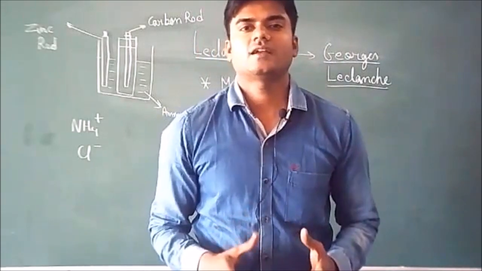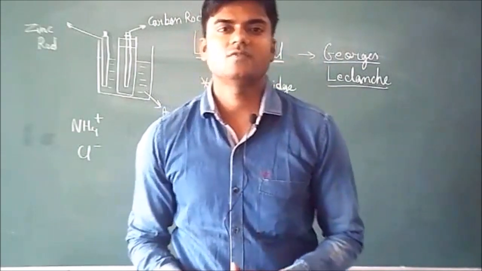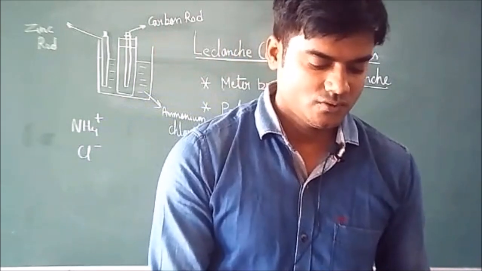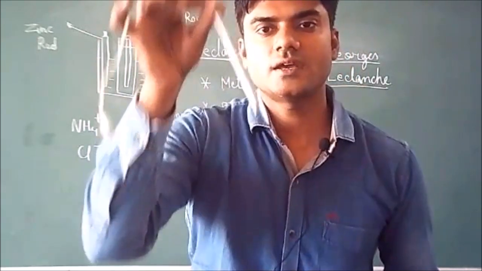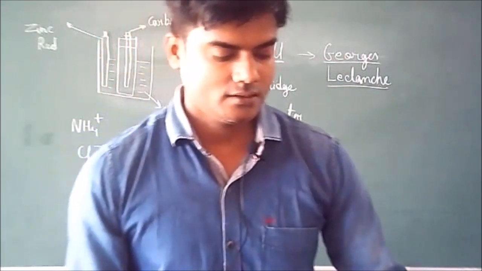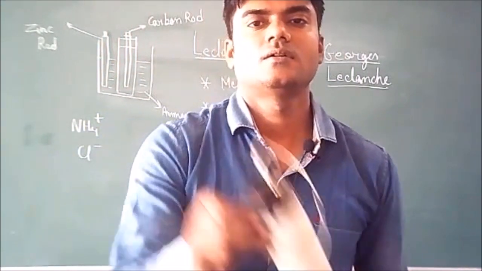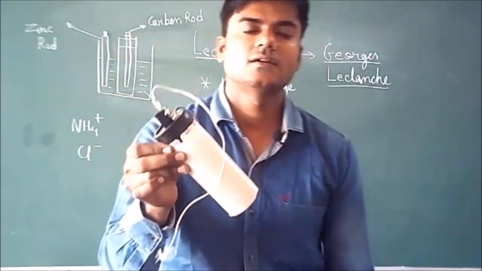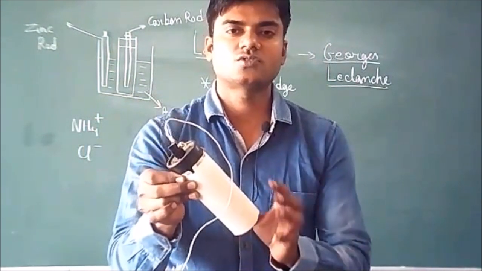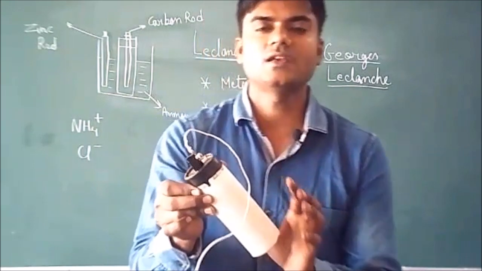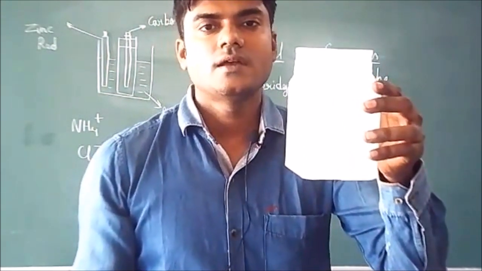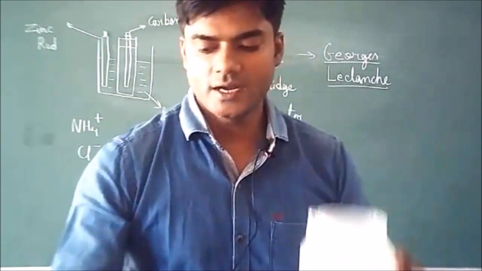So this kind of Leclanché cell we are going to use in meter bridge and potentiometer, in which we saw a zinc rod, and a positive terminal of carbon rod with manganese oxide paste making a porous material, and an electrolyte of NH4Cl, ammonium chloride.